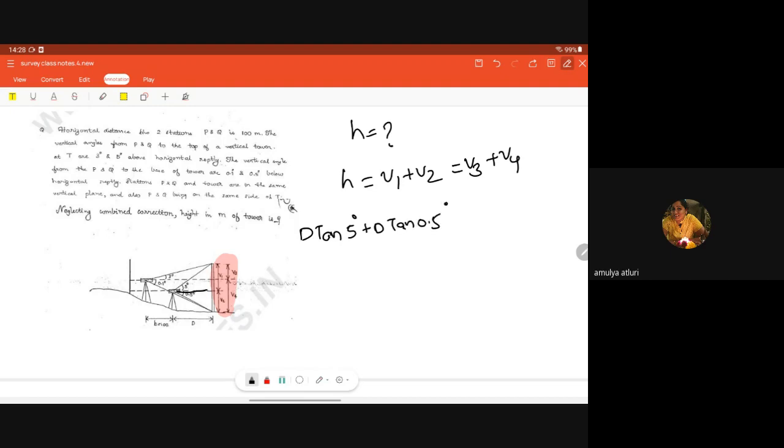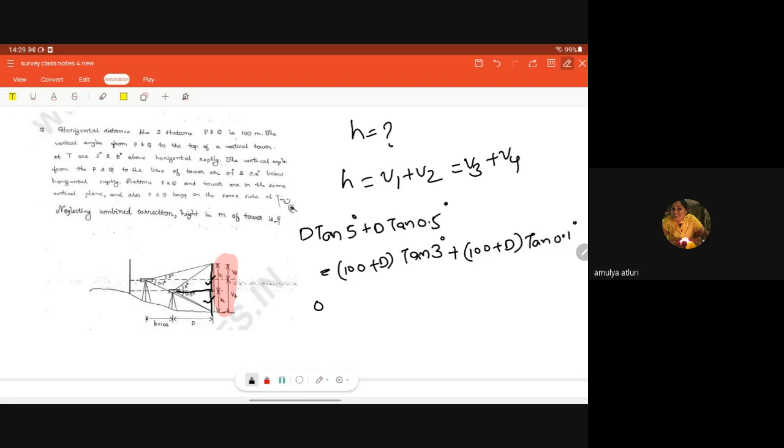So d tan 5 degrees will be this point, d tan 0.5 degrees will be this point. That is the total height, that is equal to, it is given this b as 100, right? 100 plus d tan 3 degrees plus 100 plus d tan 0.1 degree.